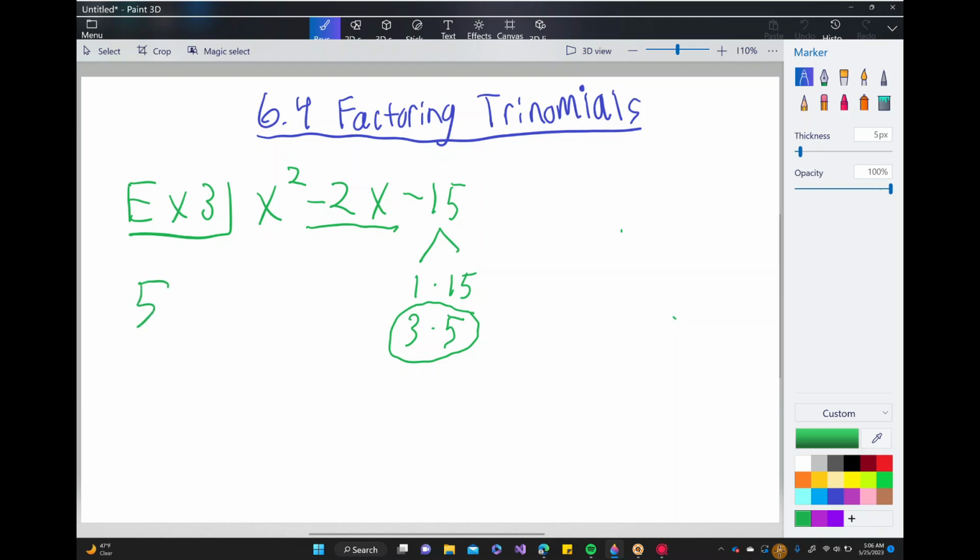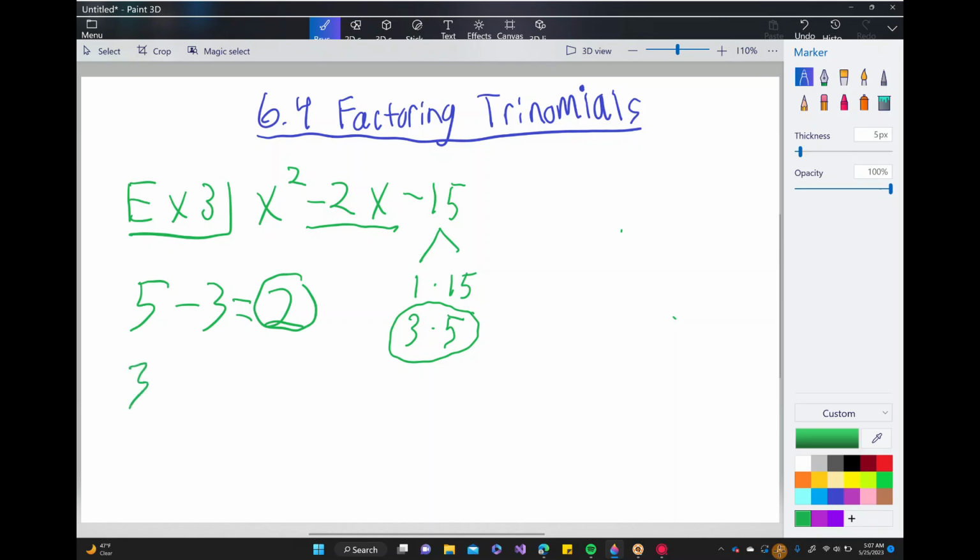Let's say I'm a knucklehead and I make this small mistake of 5 minus 3. That gives me 2. It's close enough. Incorrect here. 5 minus 3 gives you positive 2 when we need negative 2 for our middle term. All this means is if I want to swap the sign, instead of having it be positive like it is here, I need it to be negative.